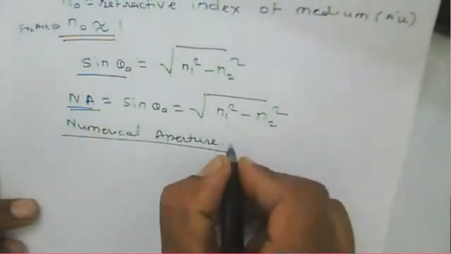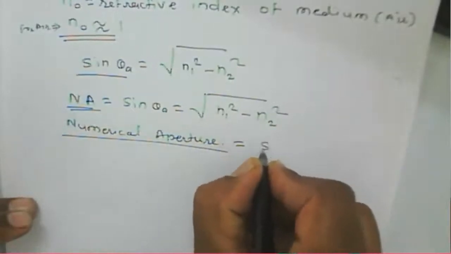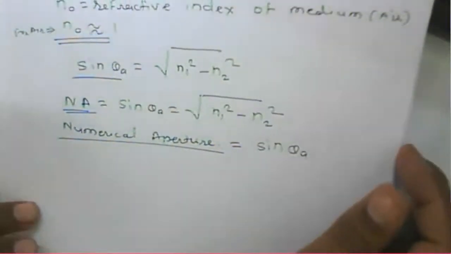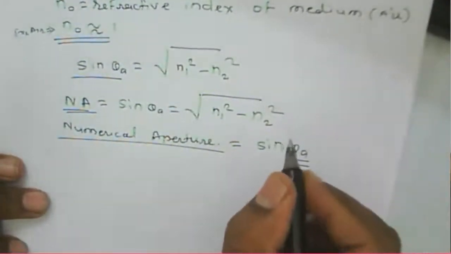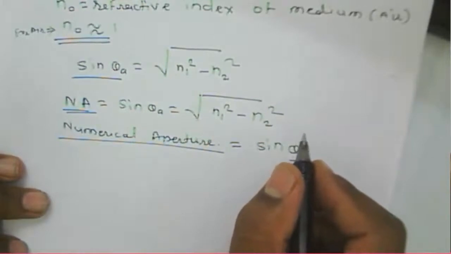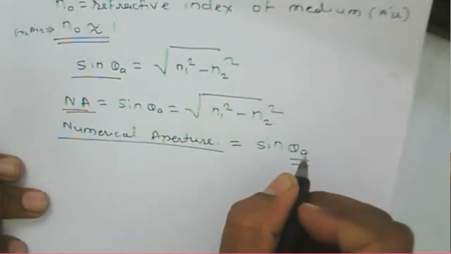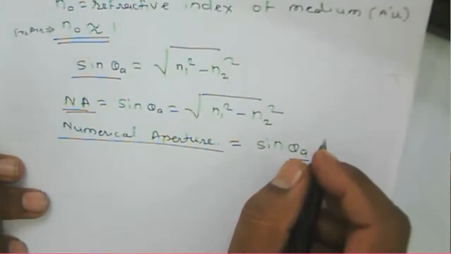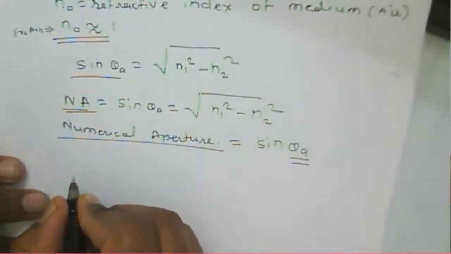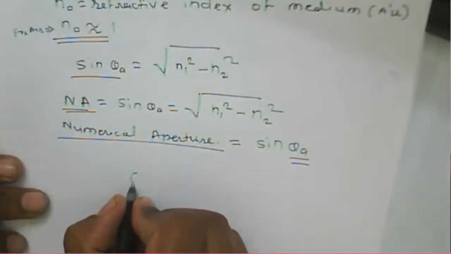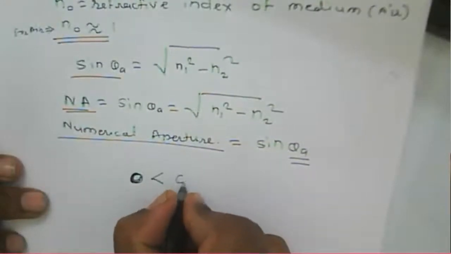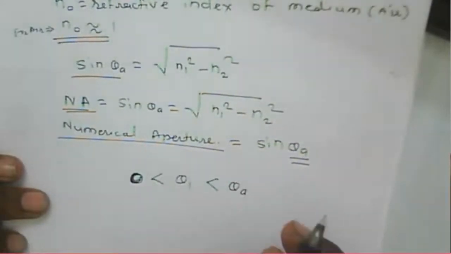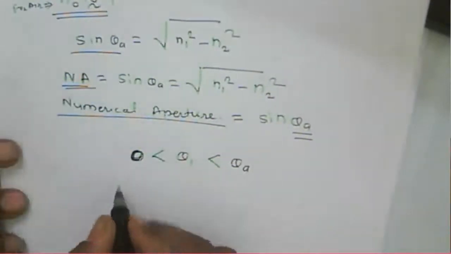Why? Because the light source is placed somewhere here, and from the source to the fiber the medium is air, which has refractive index equal to 1. So the numerical aperture is generally just sine of theta a, and this theta a is nothing but the acceptance angle.